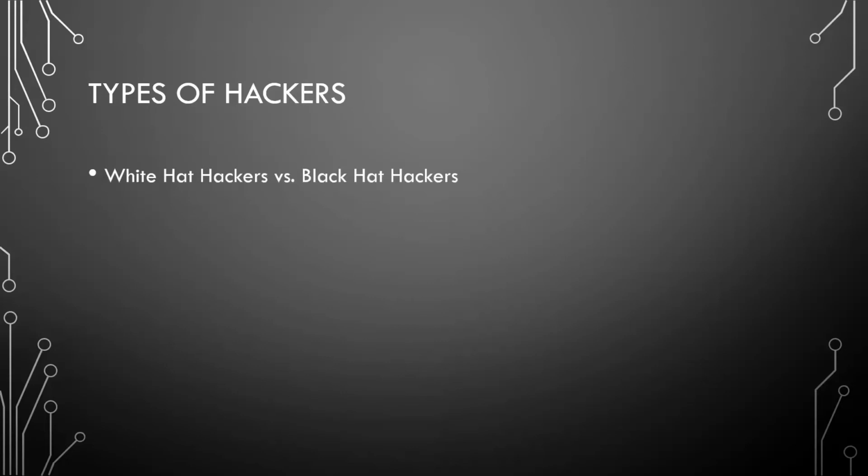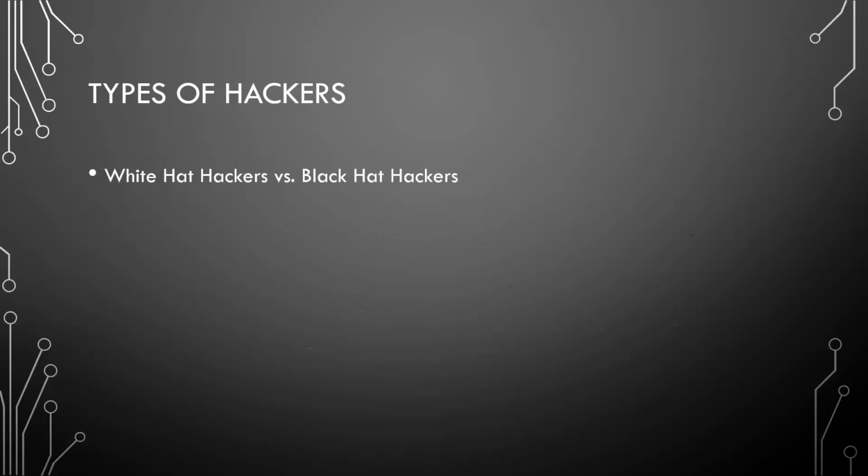It stipulates how the information they obtained can and cannot be used. And so because they have that legal authorization, they are white hat hackers. But the black hats have no legal authorization, and they are hacking for nefarious purposes. They want to do something bad to an organization.